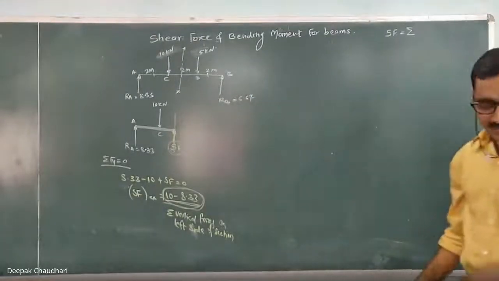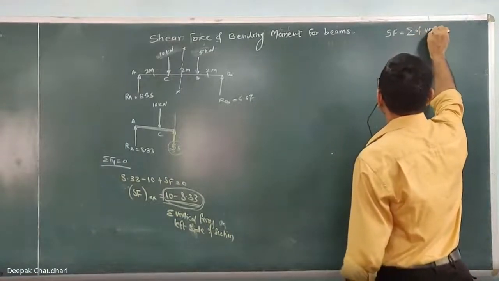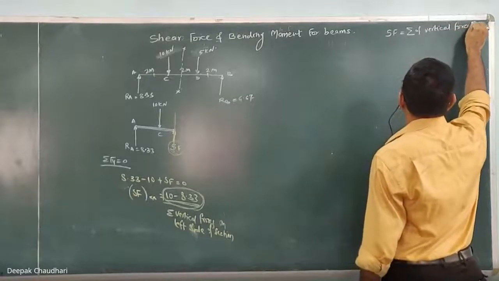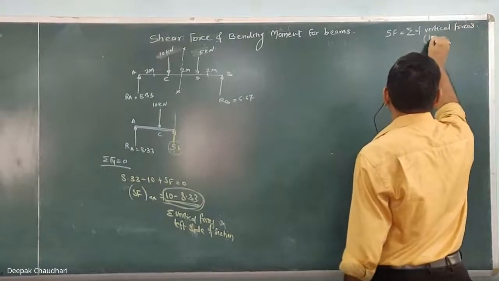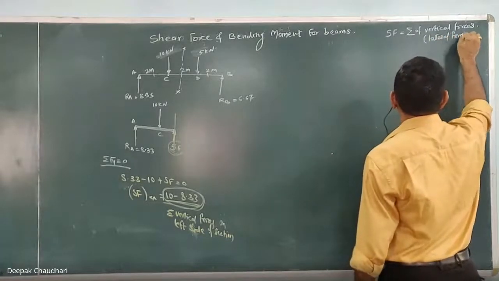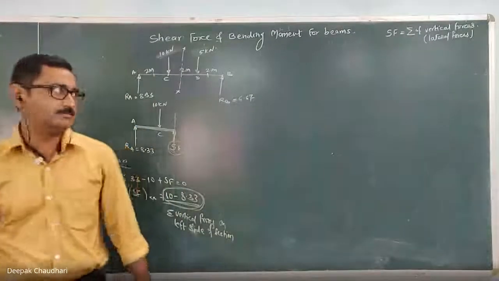Sigma stands for the algebraic summation of vertical forces. Vertical forces, to be more precise, these are the lateral forces. Lateral forces mean the forces whose line of action is perpendicular to the axis of the beam.